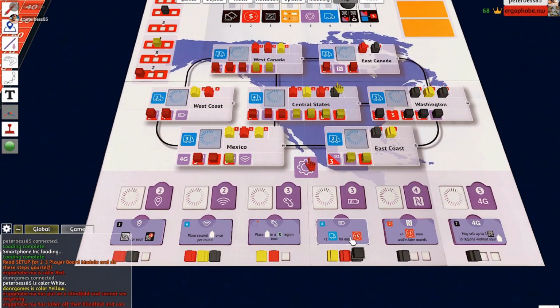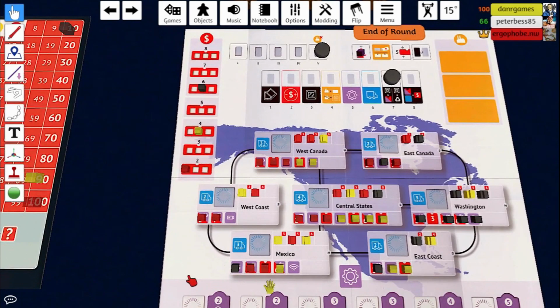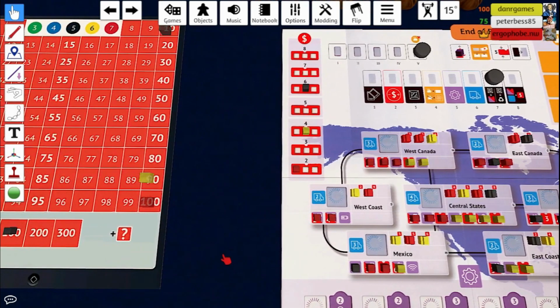So then 3 more. I can go here because I have 4G. He's gonna sell all of his darn cubes again. I can go here again because I have that one, and then I can go one more place, and I'll go here for the 4G. And I sold all my cubes.